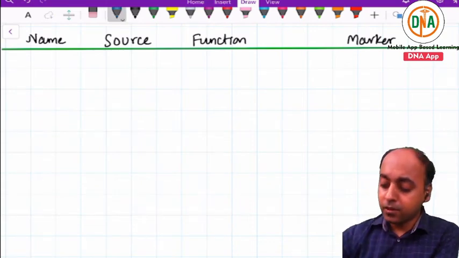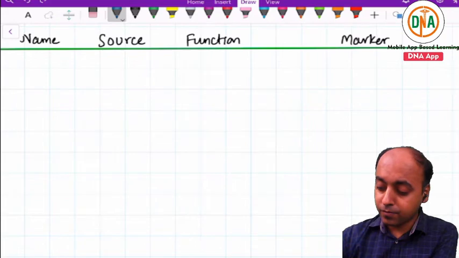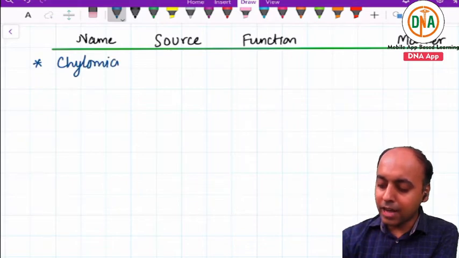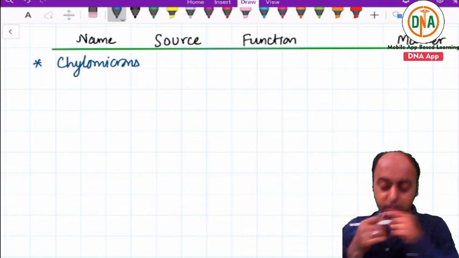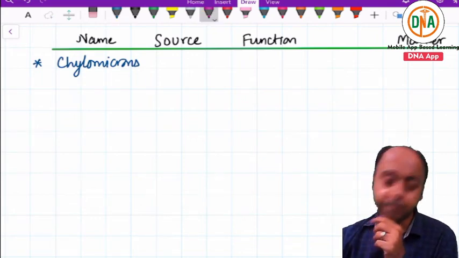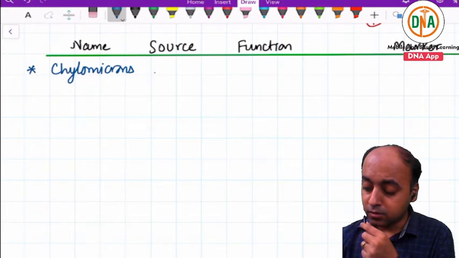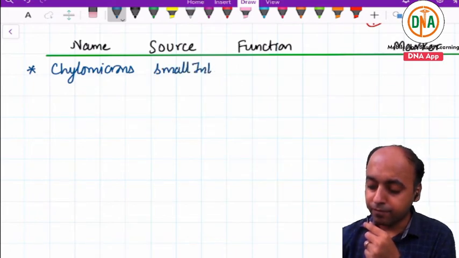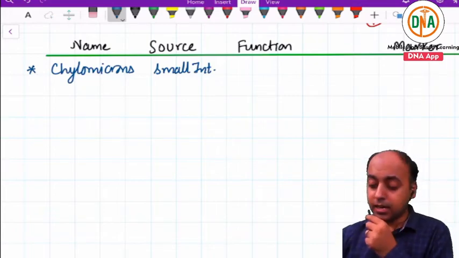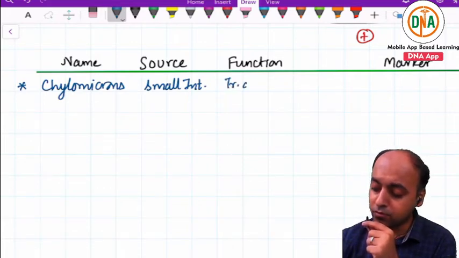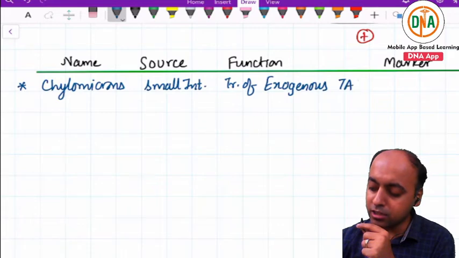First we start with the chylomicron. Chylomicrons are synthesized by the intestine, and their primary role is the transport of the dietary or the exogenous triacylglycerol.